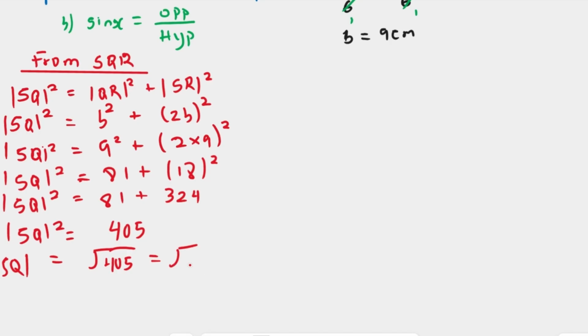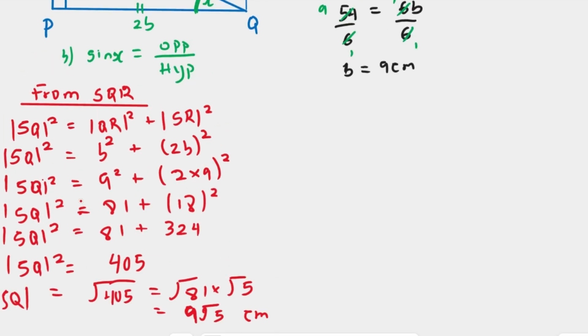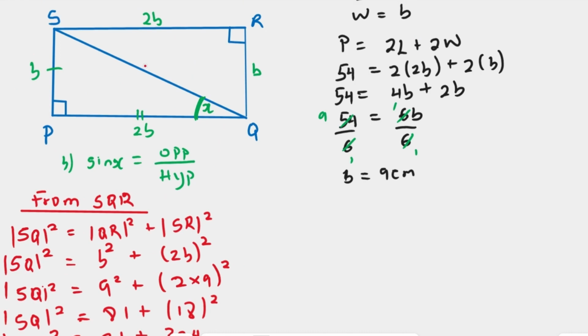We can take 81 times 5. 81 times 5 will give you 405. The root of 81 is 9. So we have 9 root 5. So that means that SQ is 9 root 5 centimeters. And that is our hypotenuse. So this side is 9 root 5 centimeters.